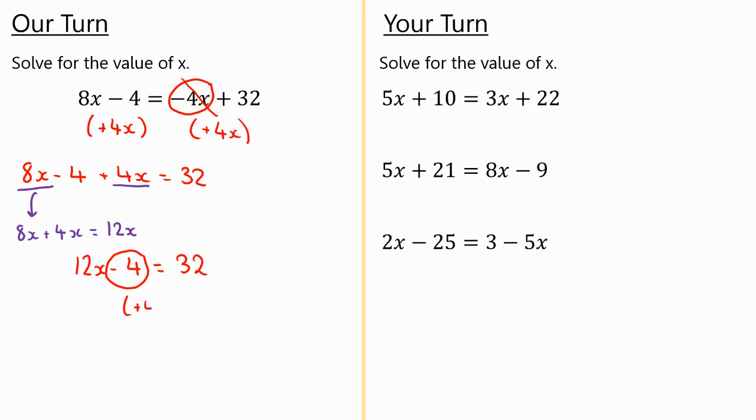We do that by adding 4 to both sides, doing the inverse. So we've got 12x equals 36. And then to finish off, how do you get rid of a times by 12? We divide by 12. We do that to both sides. So x equals 3. Pause the video, have a go at the 3 questions on the right hand side.